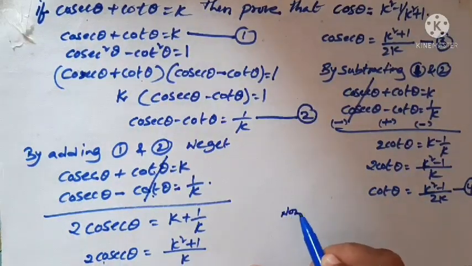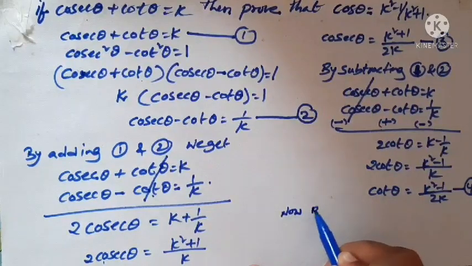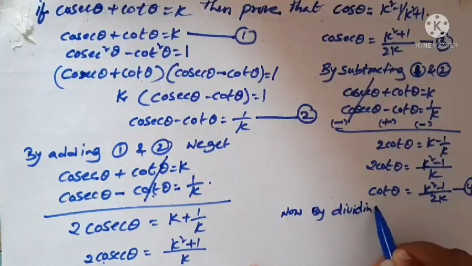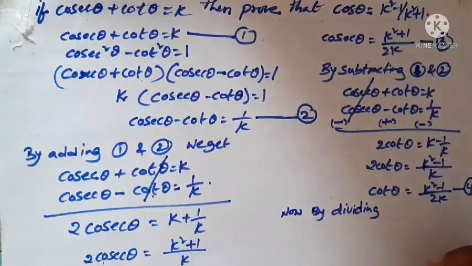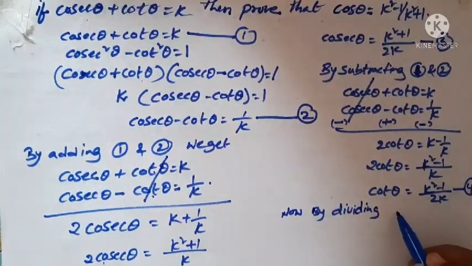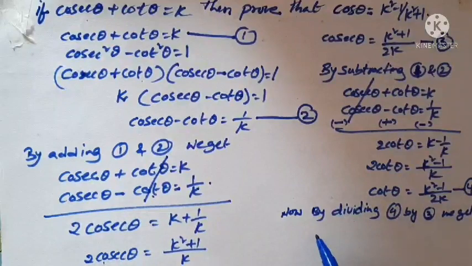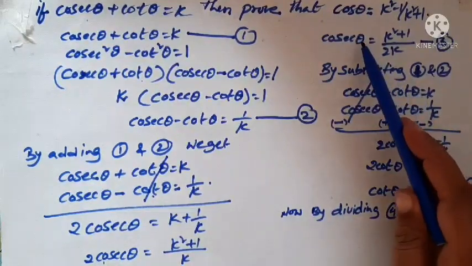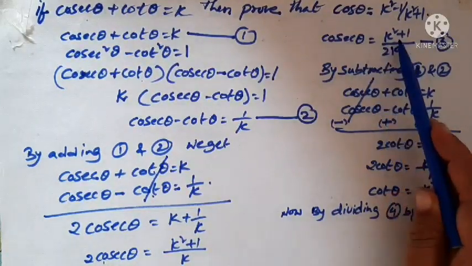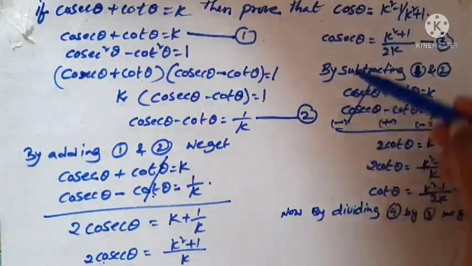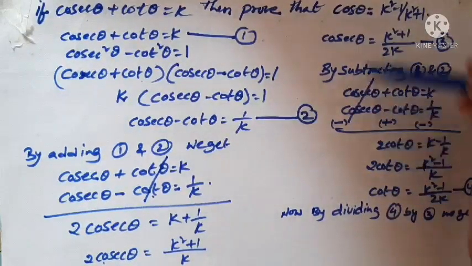Now by dividing 4 by 3, you get, see here, you have the cosecant theta value and the cot theta value. What do you have on the LH side?